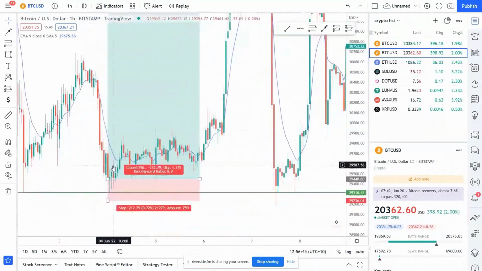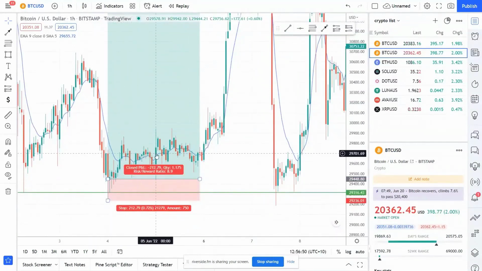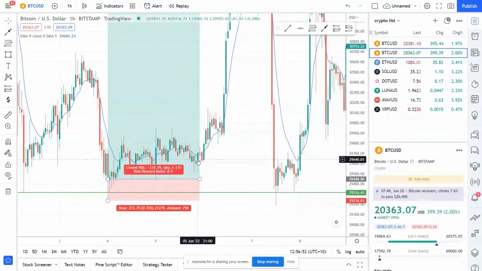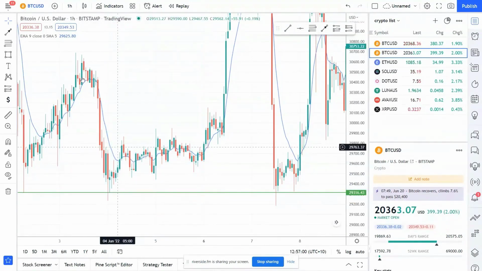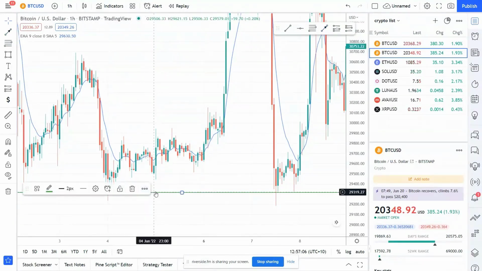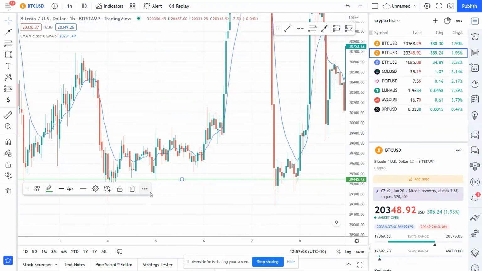Now I know what you're thinking, that down here, hey, it's playing around. It closes multiple times below the EMA, Alex. Yes, you are 100% correct. It does do that. But look, here's the reason why I'm not getting out. Where we entered is right here, right at the bottom of that line.